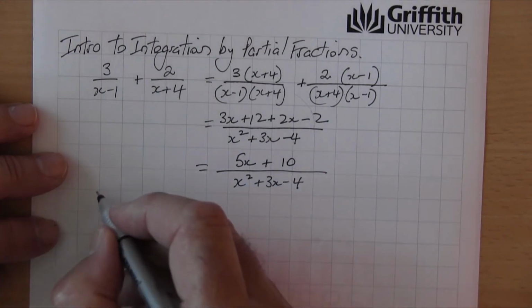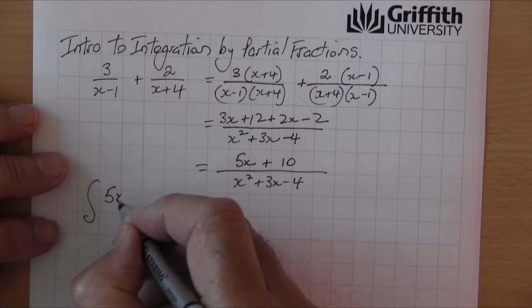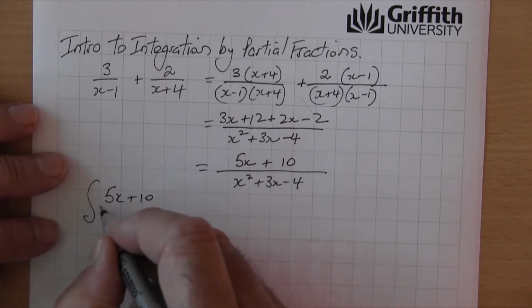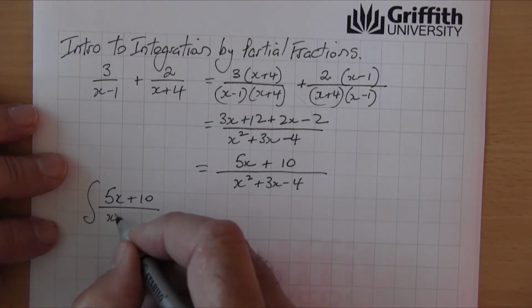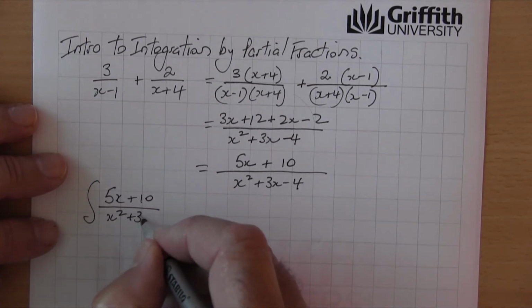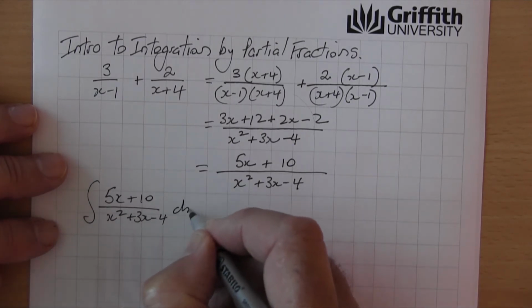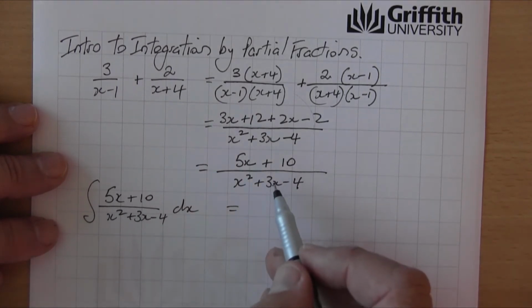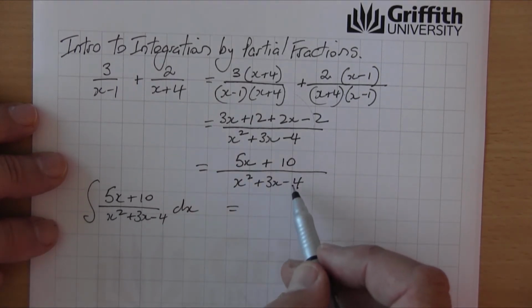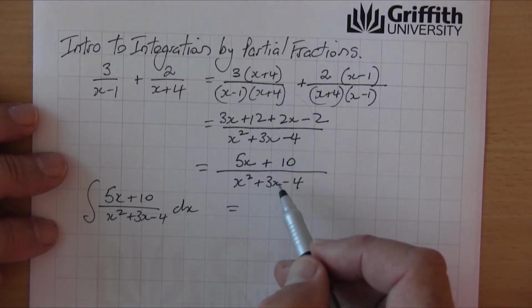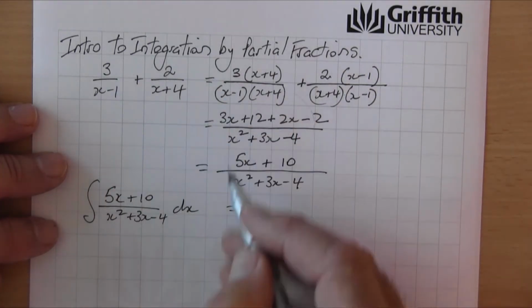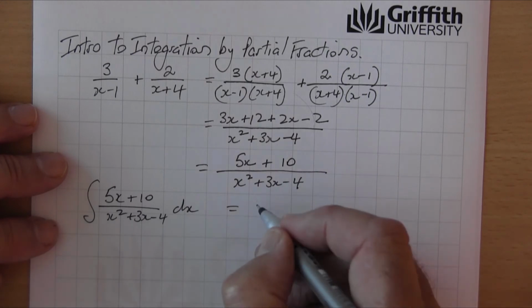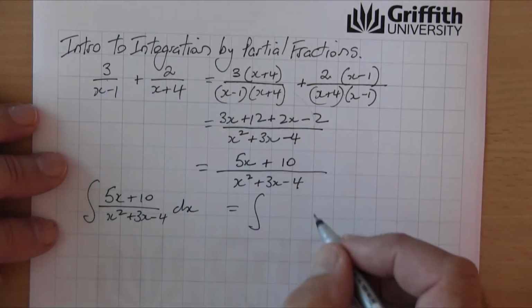So if we were asked to do the integral of 5x plus 10 over x squared plus 3x minus 4 dx, if we could break this up into its parts, in other words, and we will, we'll devise a method for going from there back to there, we could say that is equal to the integral of these two.